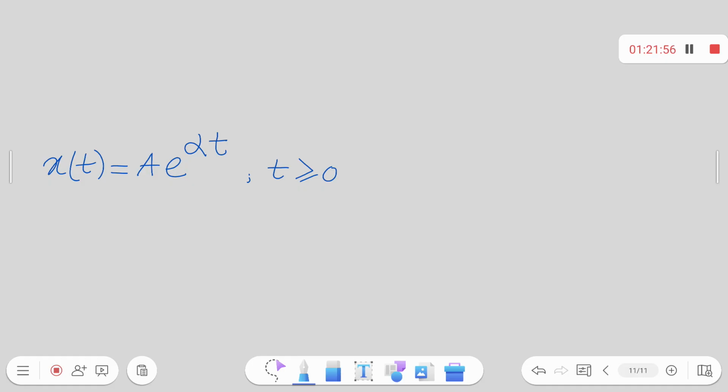Let me sketch the signal first. This is t, this is x of t. How does it vary? Exponential, will it increase or will it decrease? It depends on alpha. Suppose I assume that a is a positive quantity, and let's consider a to be 1 to make it simple.